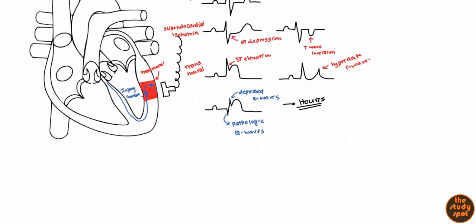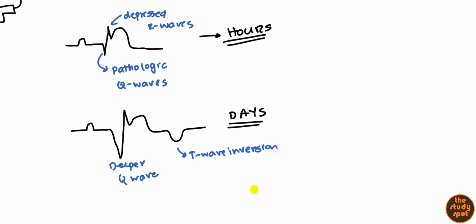After a few days, you get a much deeper Q wave and you can get a T wave inversion. The T wave inversion is unique because it can continue lasting for weeks on end, and sometimes some patients will just always have a T wave inversion.